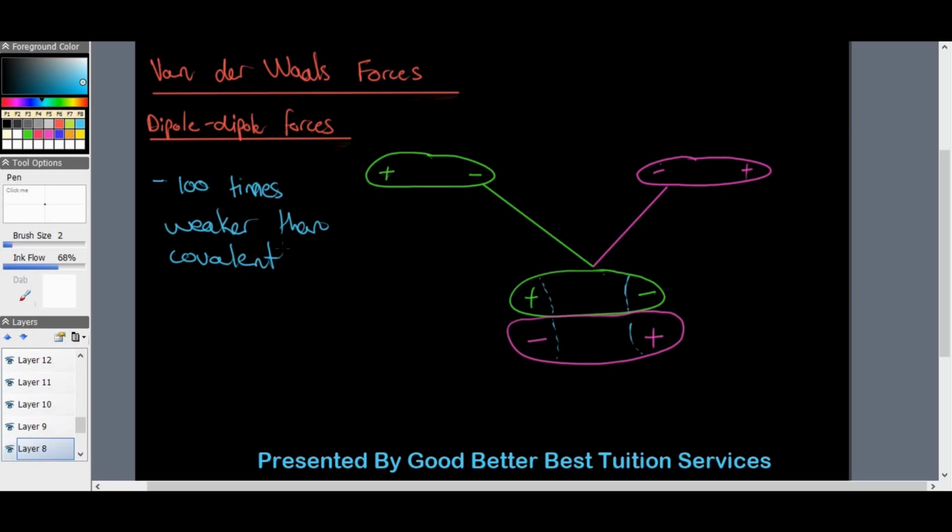Now, hydrogen bonds, which we're going to get to in a jiffy, but I just want to introduce them here quickly. Hydrogen bonds are much stronger than other dipole to dipole forces. It's a type of van der Waals force, but with the exception that it is much stronger.